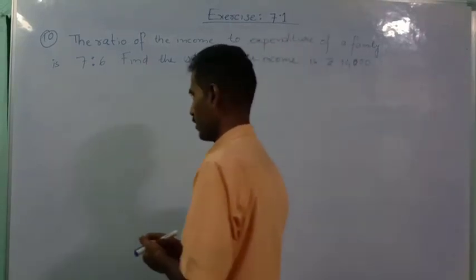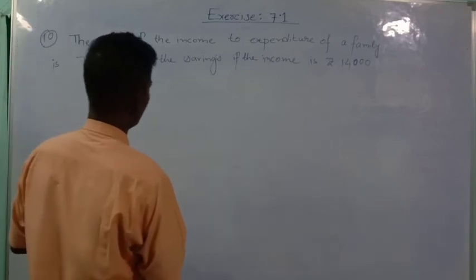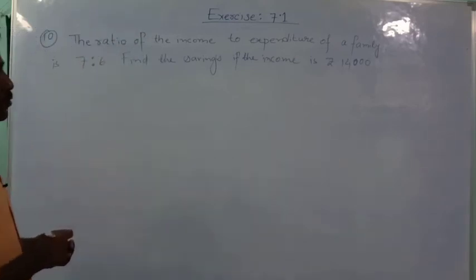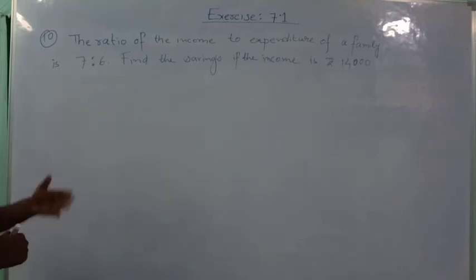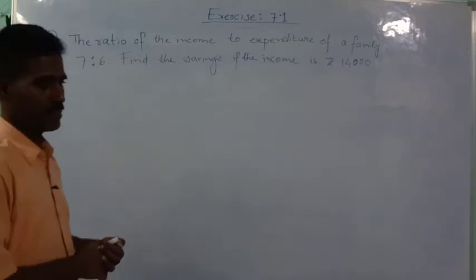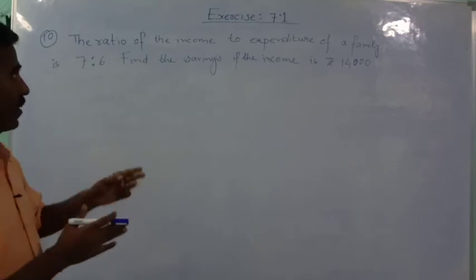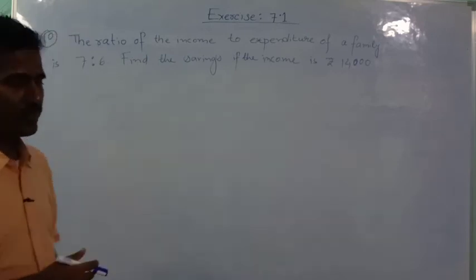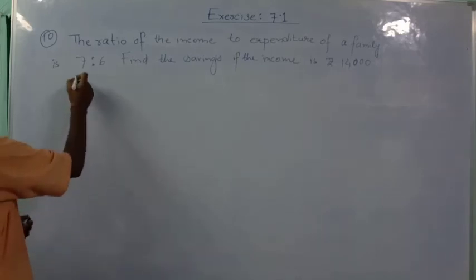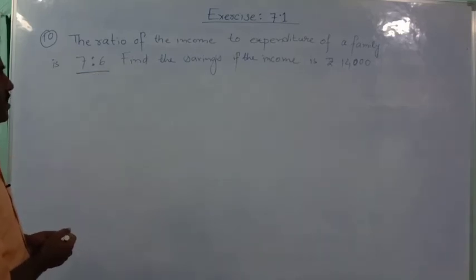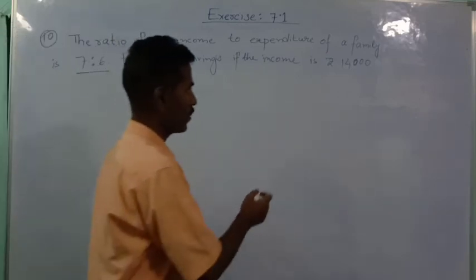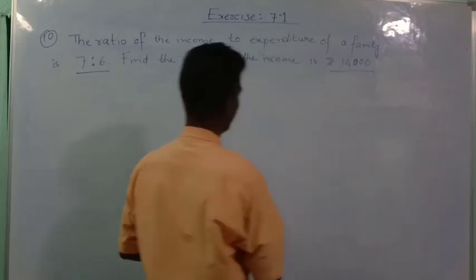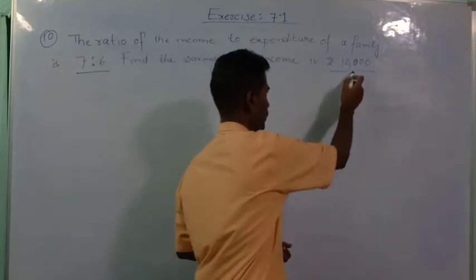Ratio given: income is to expenditure is 7:6, and the amount of income is given as rupees 14,000, but expenditure is not given.